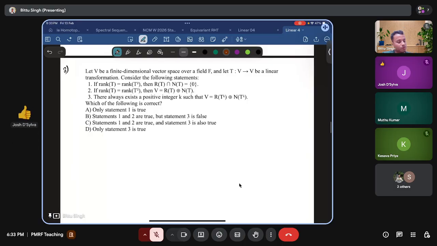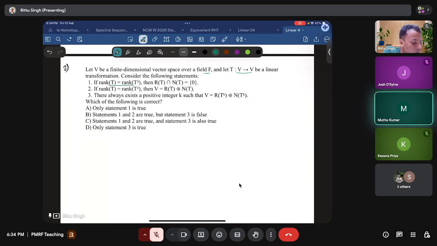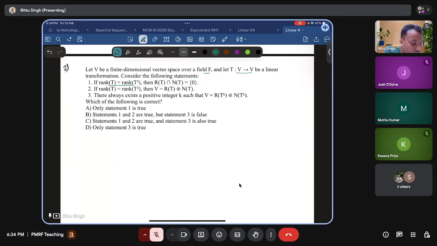So let us see this question. Here you can see that V is a finite dimensional vector space over a field F, and T is a linear transformation from V to V. Now if the rank of T is the same as the rank of T square, then will it be true that the range of T intersection the null space of T is 0?